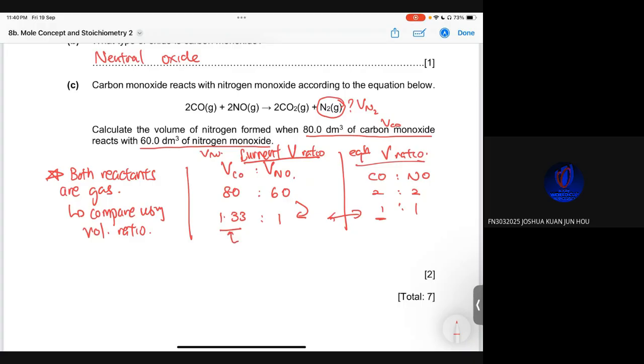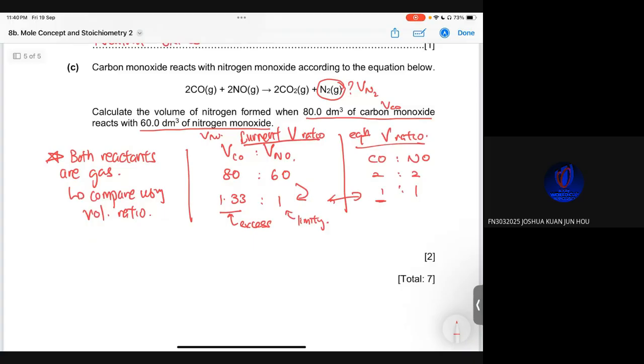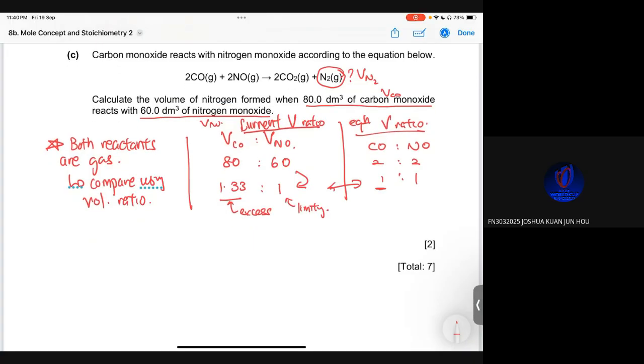So it tells you that CO is in excess, and hence NO is the limiting reactant. So I know that I'm going to use the volume of NO for my subsequent calculation.